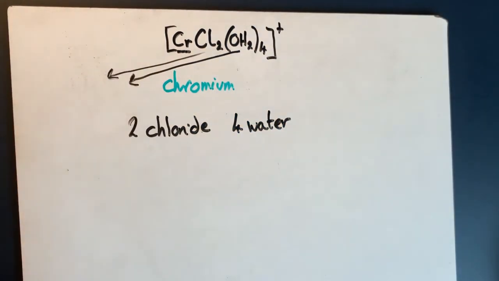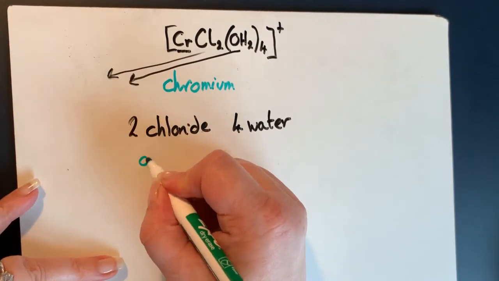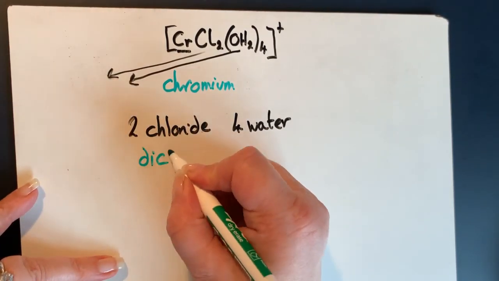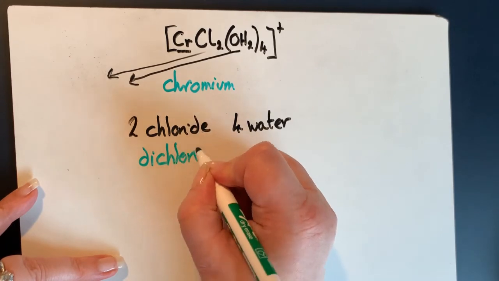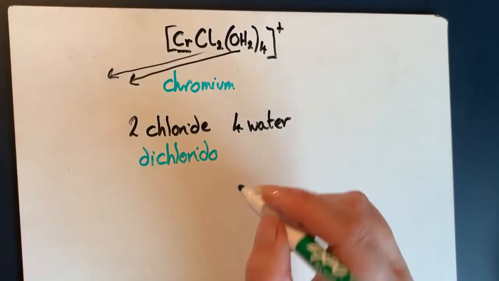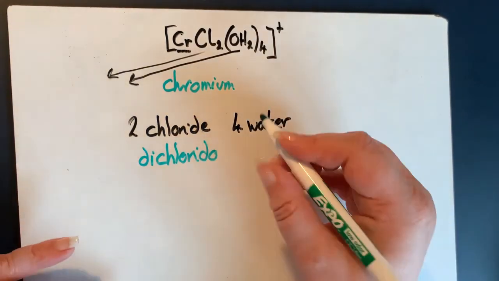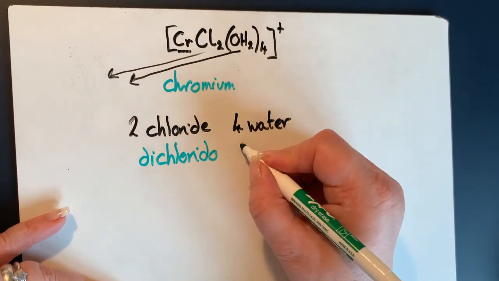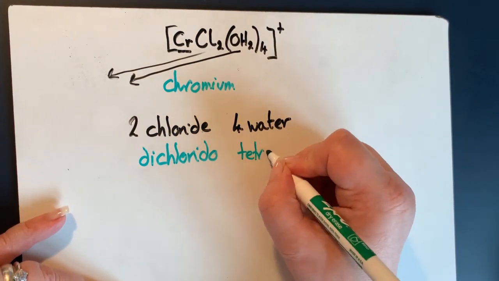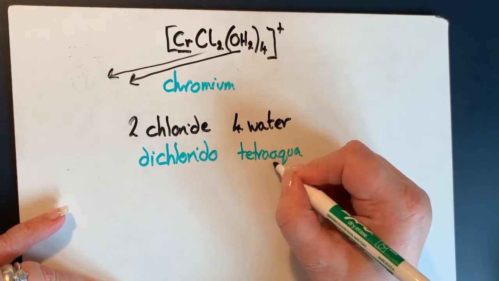So converting them into their correct names, our 2 chlorides will be dichlorido, because chloride is Cl negative, so we lose the E and turn that into an O. Our 4 waters will be tetraaqua with the double A.